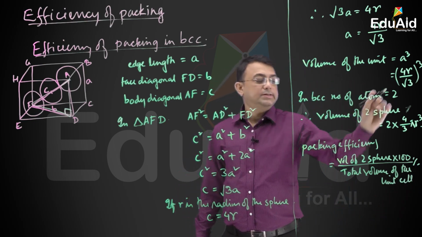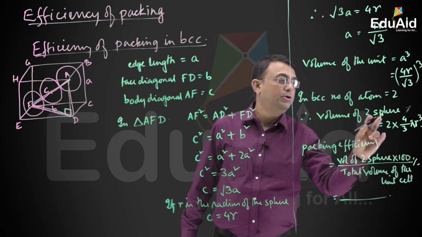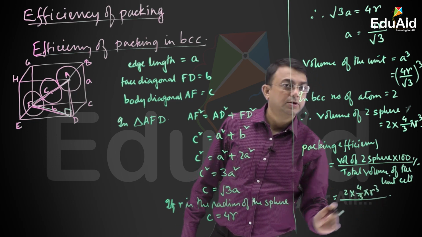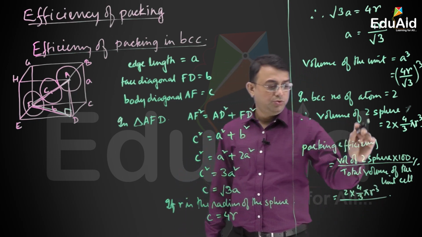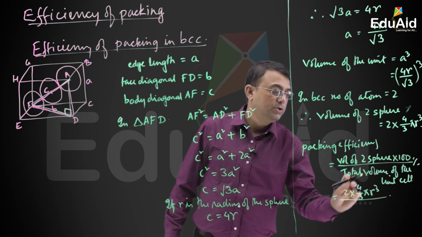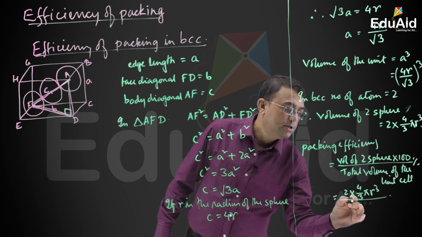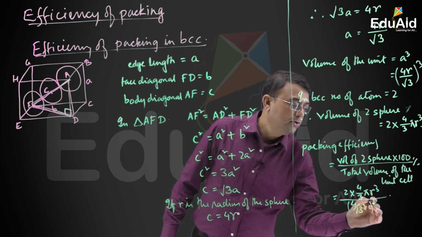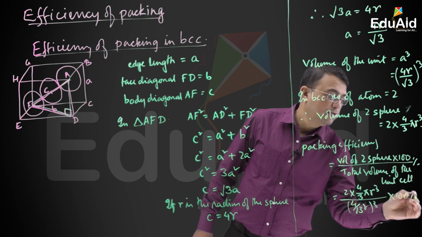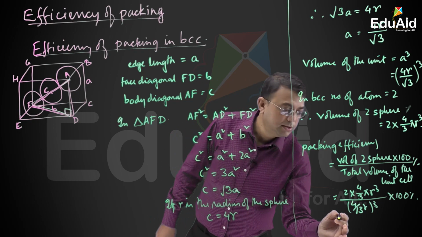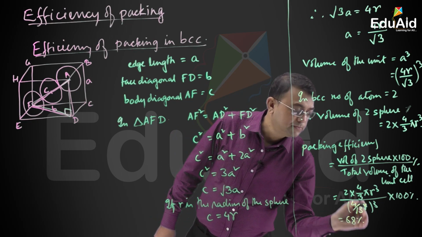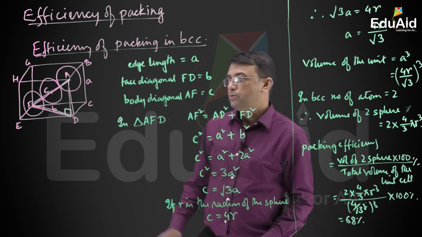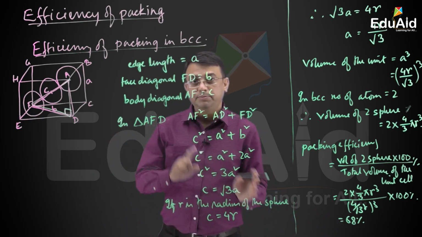Now the volume of the two spheres is 2 into 4 by 3 pi r cube, and the total volume of the cell is 4 by root 3 r whole cube, into 100. So this will give you how much? 68%.